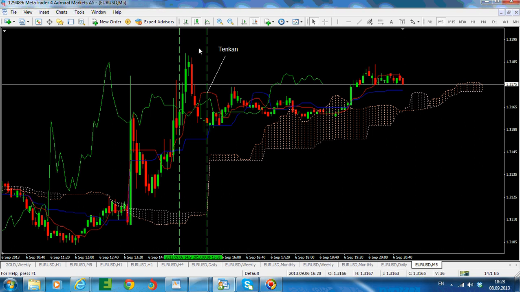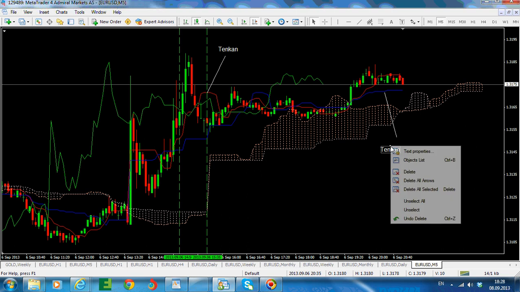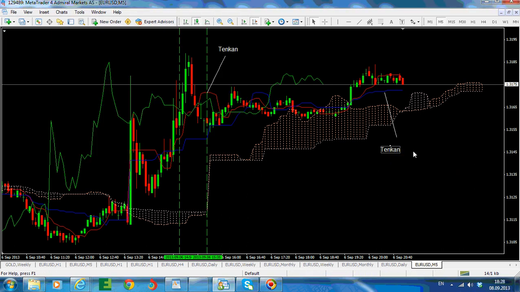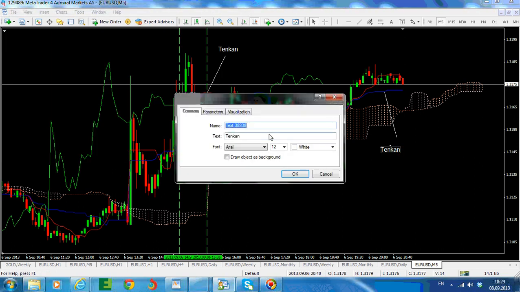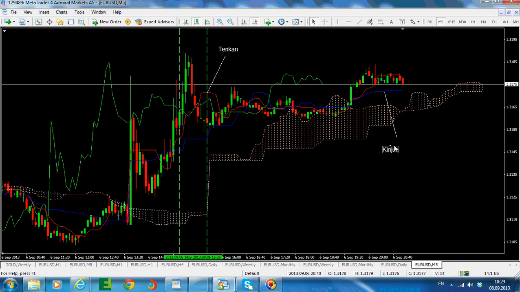This is the line, the blue line is being called the Kijun. And the Kijun line represents basically the average for the last 26 periods.